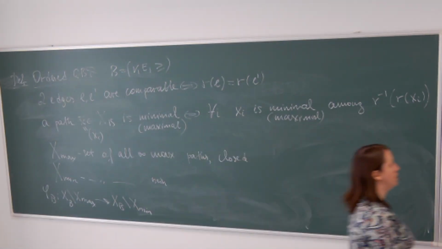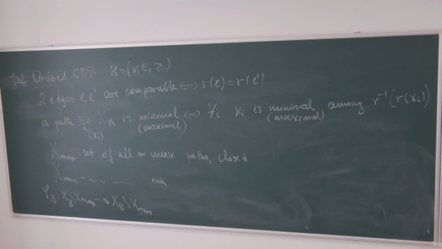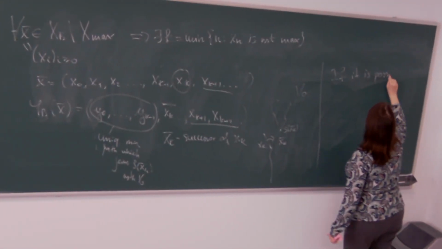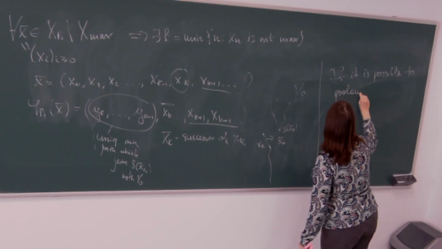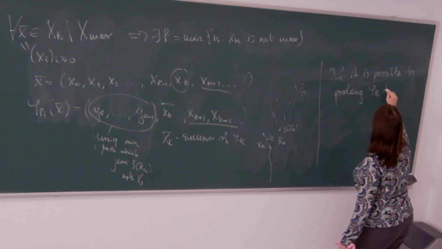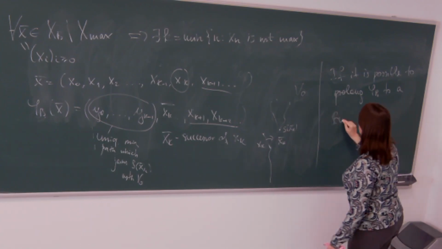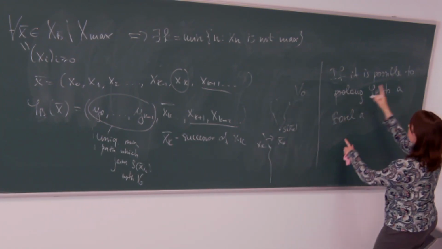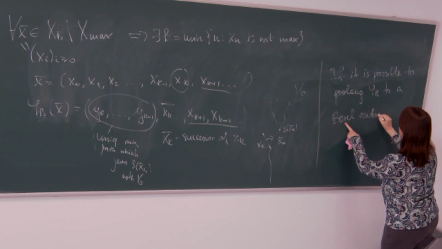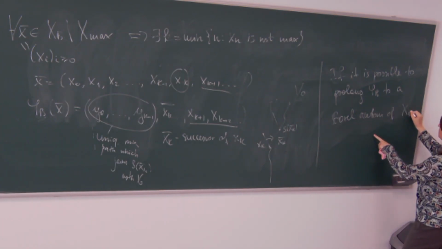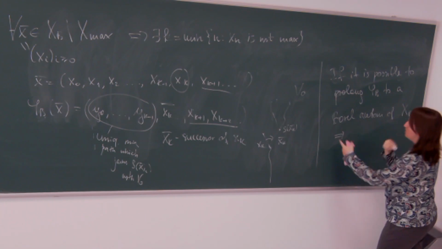So if it is possible to prolong this Vershik map phi_B to a Borel automorphism of X_B, then we have a generalized Borel-Vershik system.